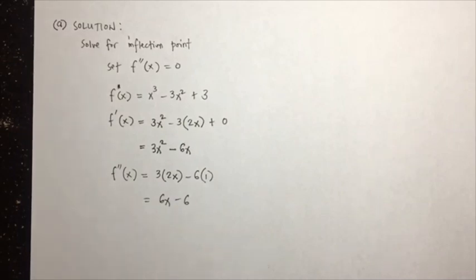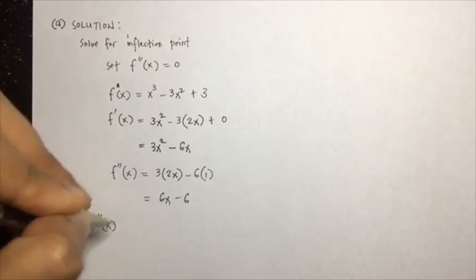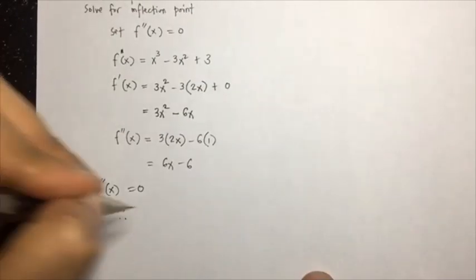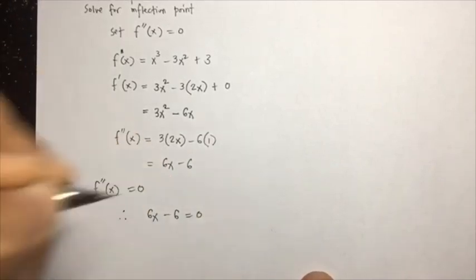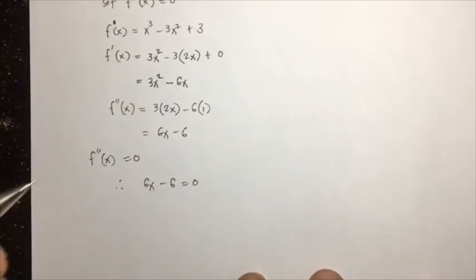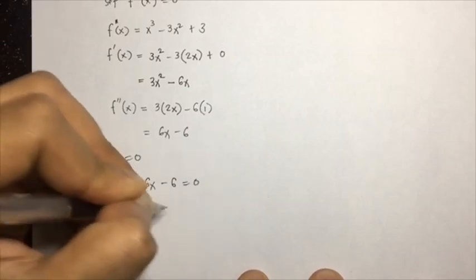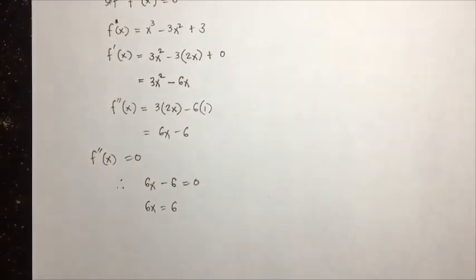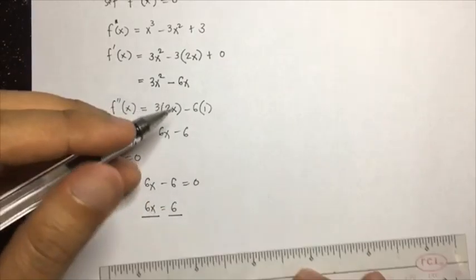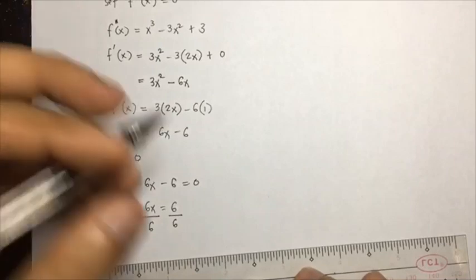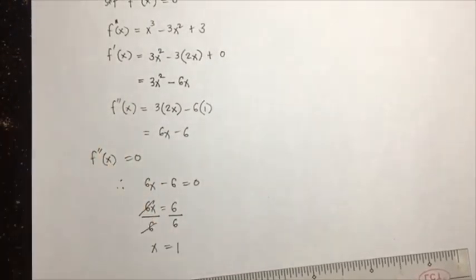Since we set the second derivative to 0, 6x minus 6 is equal to 0. Solving for x, transposing negative 6 to the other side, we have 6x is equal to positive 6, dividing both sides by 6. Therefore x is equal to 1.